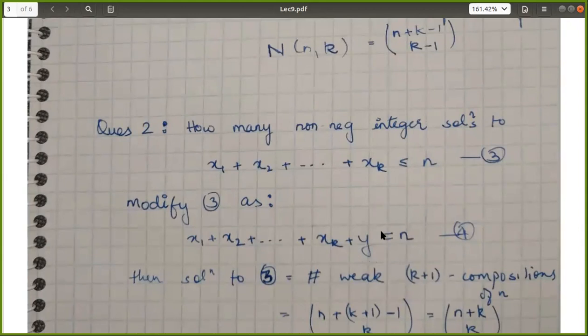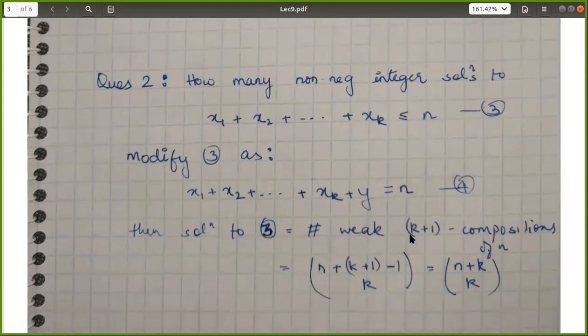Which is exactly going to be the equation for this equality instead of inequality. So you are finding non-negative integer solutions to this. So this is the same as the number of weak compositions of k plus 1 size for the number n, right? And that's what I do.